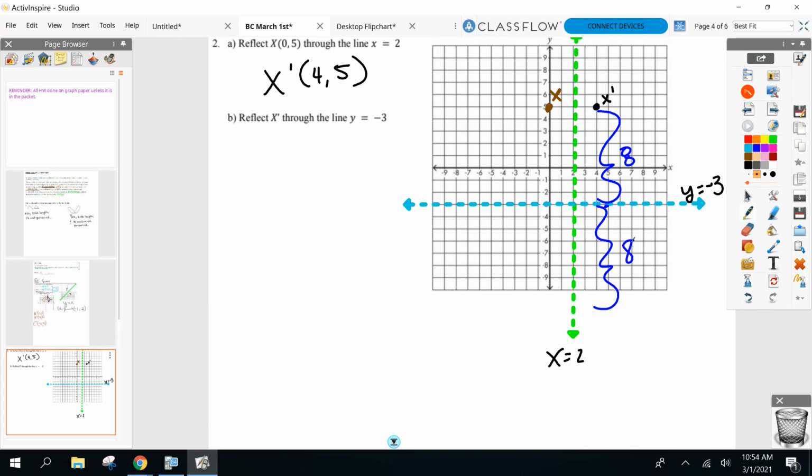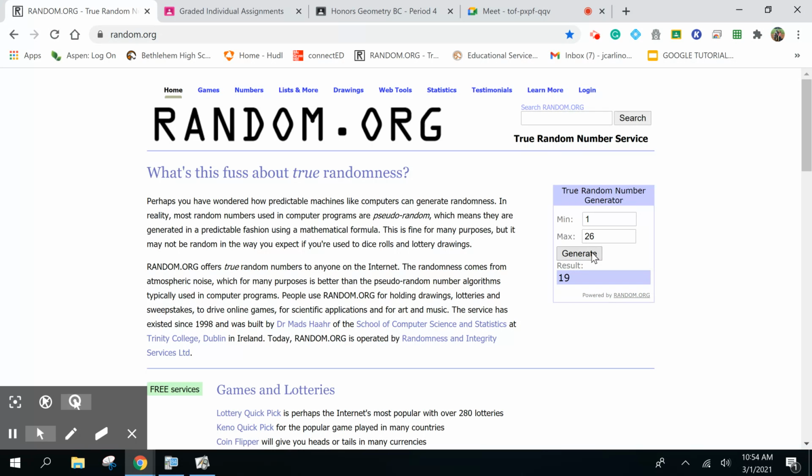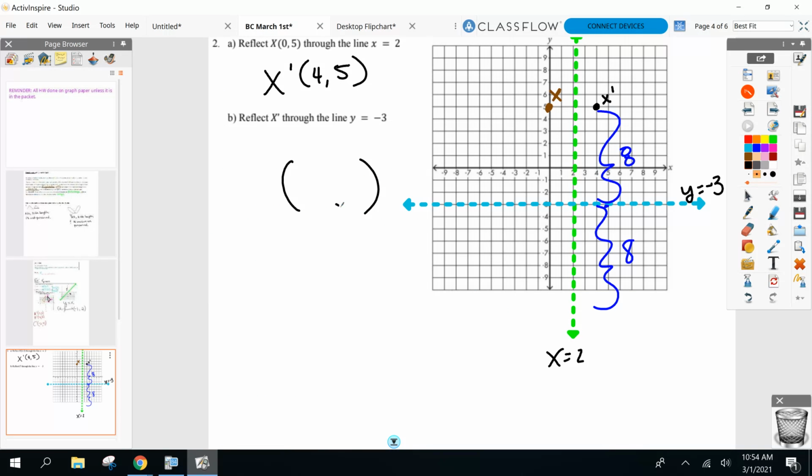From -3. You don't need to add on to the graph at all. No reason to panic. Where would you end up? What do you got, a X coordinate? 4. 4, -11. Now, what should I call that point? X double prime, correct.